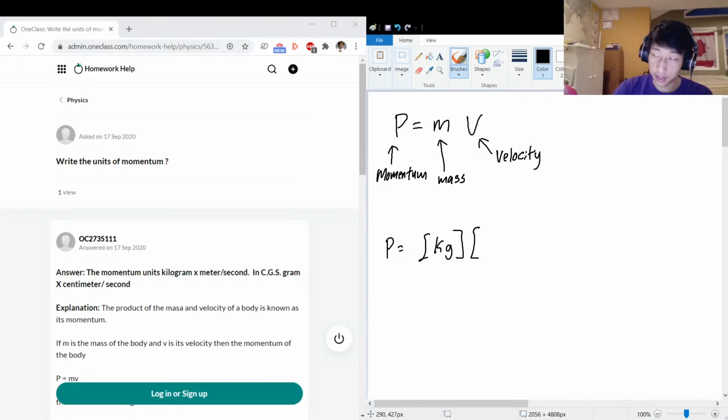And velocity in base SI is going to be meters per second. So instead of using base SI, let's abstract this into just the quantities that they represent. So momentum is really just mass times distance all over time.